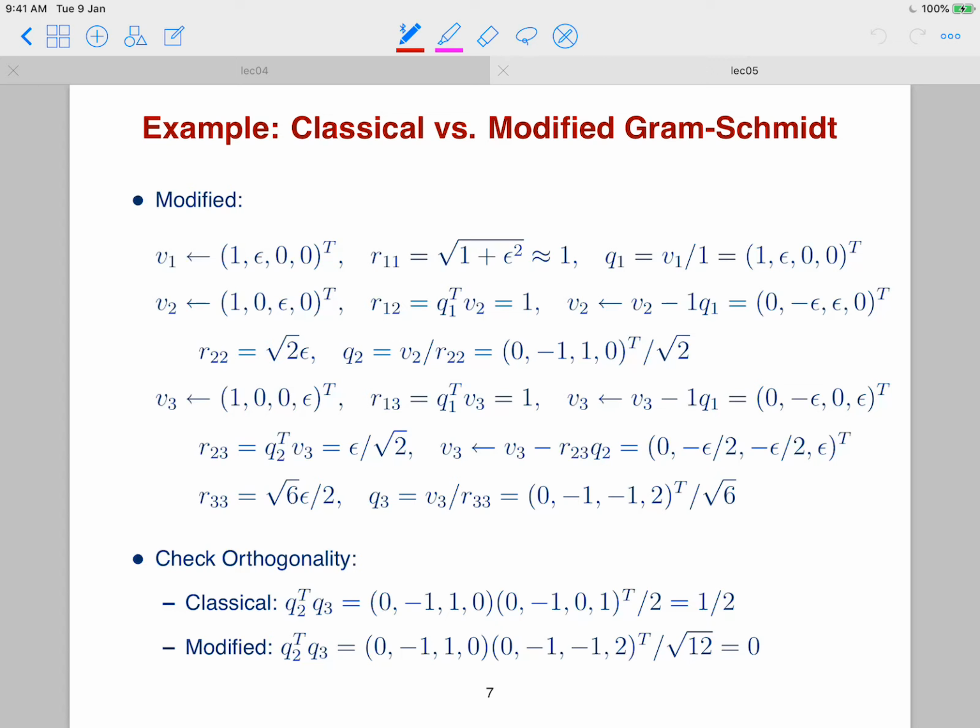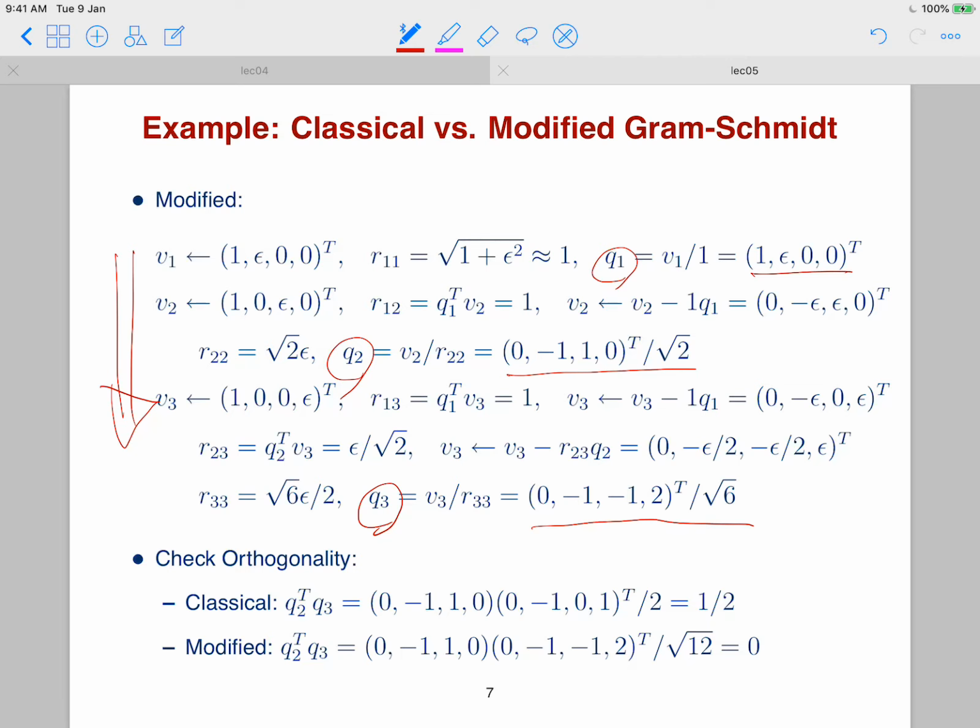Now let's apply the modified one. Okay, the modified one. So maybe you can just follow through, quickly eyeballing the entire process, and it is certainly giving a different result, where the 3 orthonormal vectors resulting from the QR decomposition are represented as follows, right?